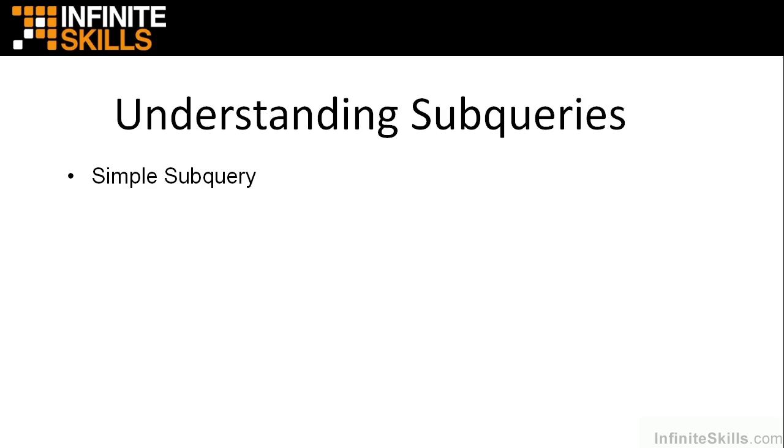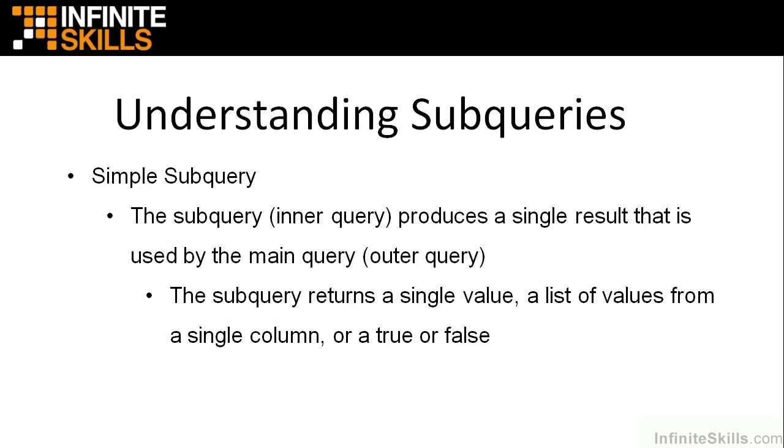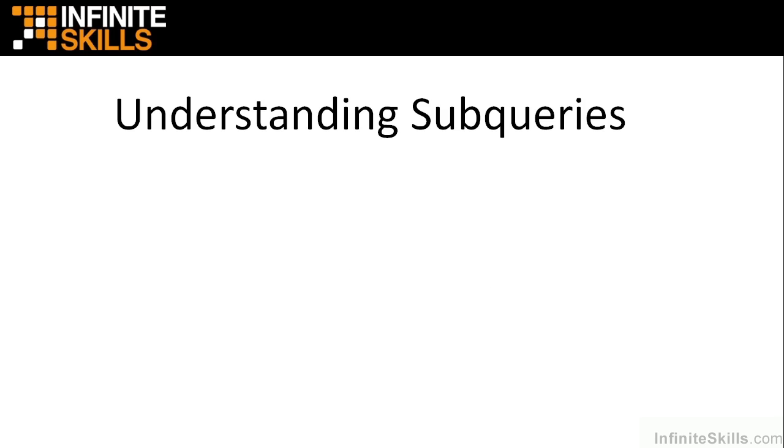Now, a simple subquery is a subquery where the inner query produces a result set that's used by the main query. Notice it produces a single result set, but you've got to watch terminology here. A single result set is considered a single value, a list of values from a single column, or a true or false value.